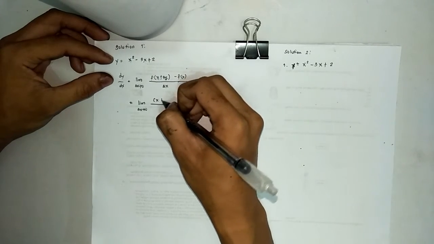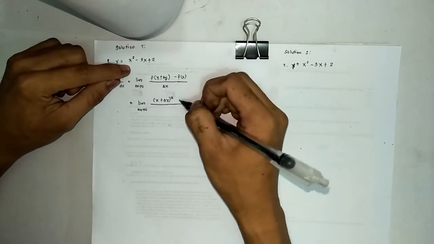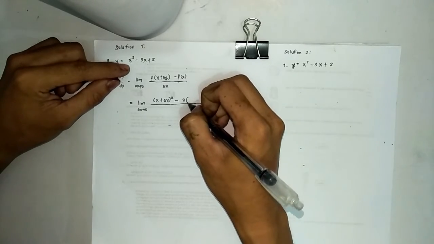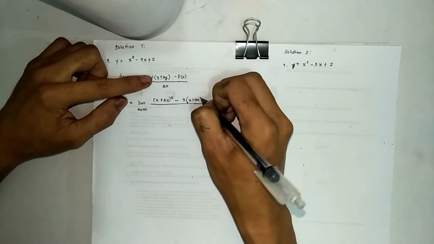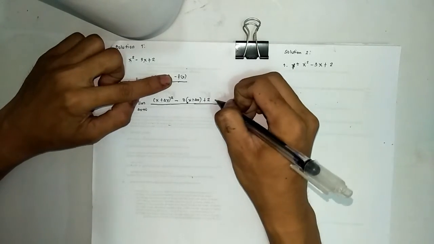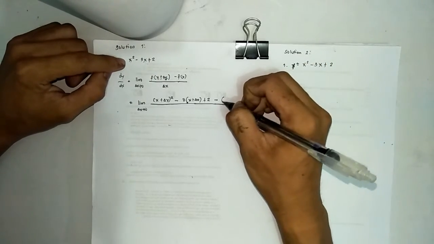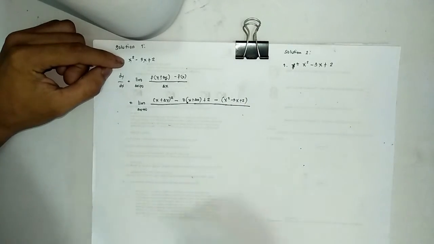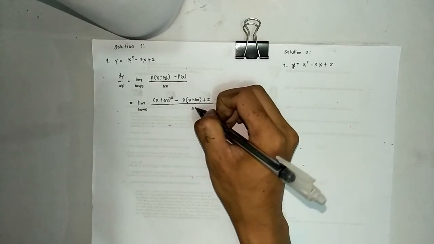So, we have x plus change x quantity squared. So, yan na yung ating x squared. Minus 3 quantity, yung value ng x natin, that is x plus change of x plus 2. And then, minus the original function niya na x squared minus 3x plus 2. Okay, so ganyan tayo mag-substitute ng ating function all over change x.